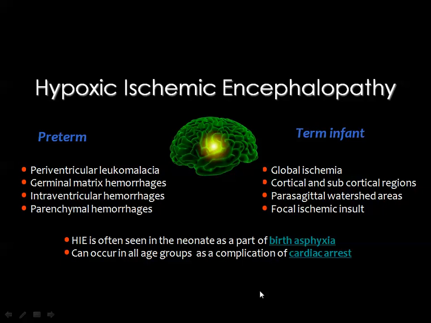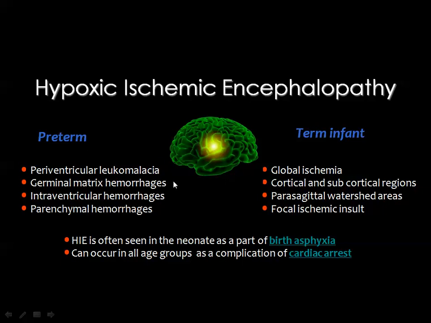Then we have to discriminate the changes in the neonates, considering whether they are preterm or full-term infants. The premature infants will have different lesions compared to those born at the normal expected gestational age. There is a marked difference between the changes seen in the preterm infant compared to the term infant.